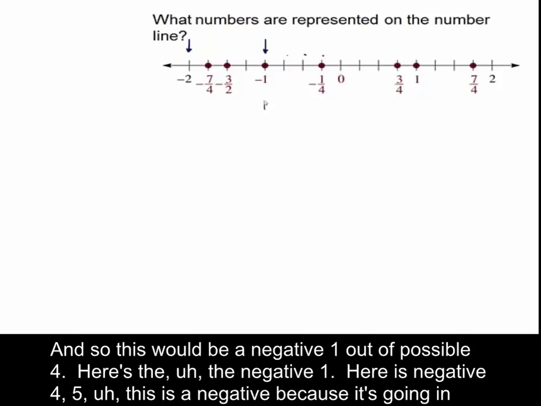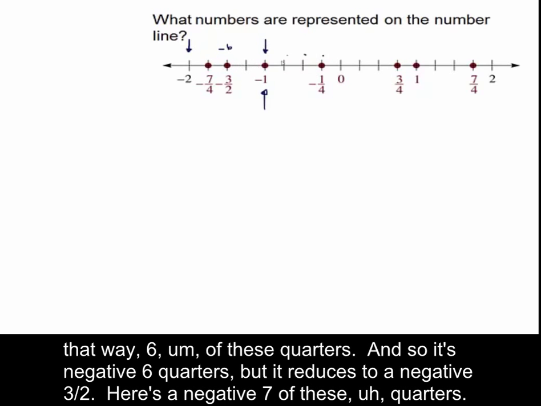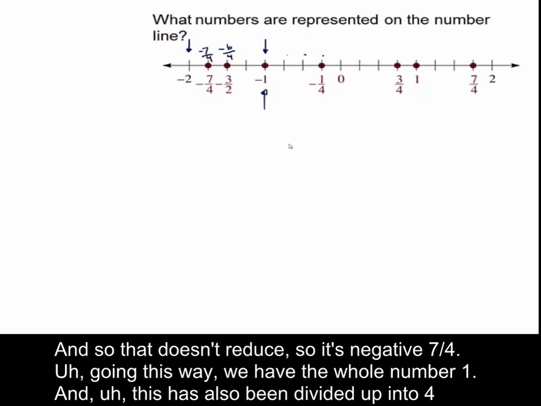Here's the -1. Here is -4, 5. This is a negative because it's going in that way. 6 of these quarters, and so it's -6 quarters, but it reduces to -3 halves. Here's a -7 of these quarters, and so that doesn't reduce, so it's -7 fourths.